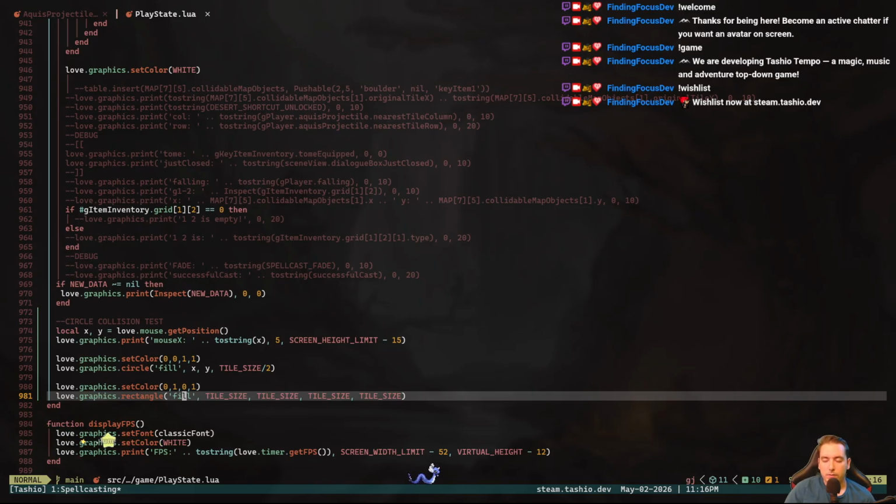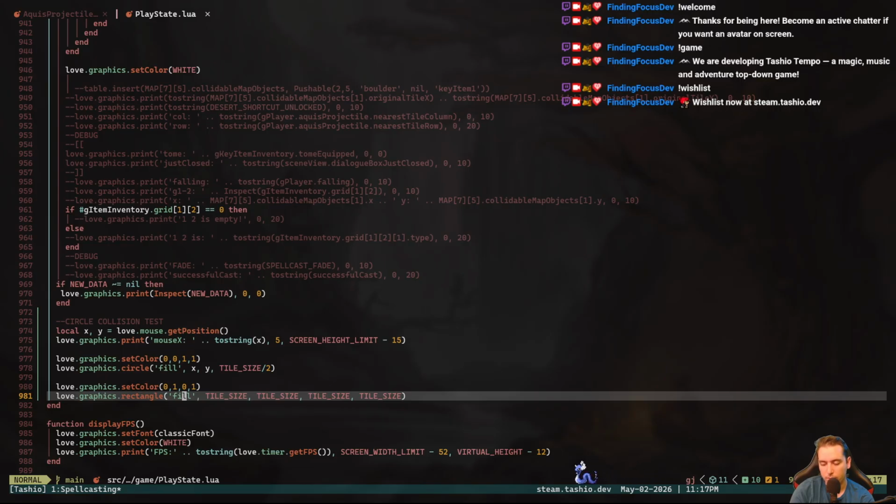I think the way to try this collision is probably best off of a circle to circle collision. Because with a square, let me think. How would we go about doing circle collision with a square?